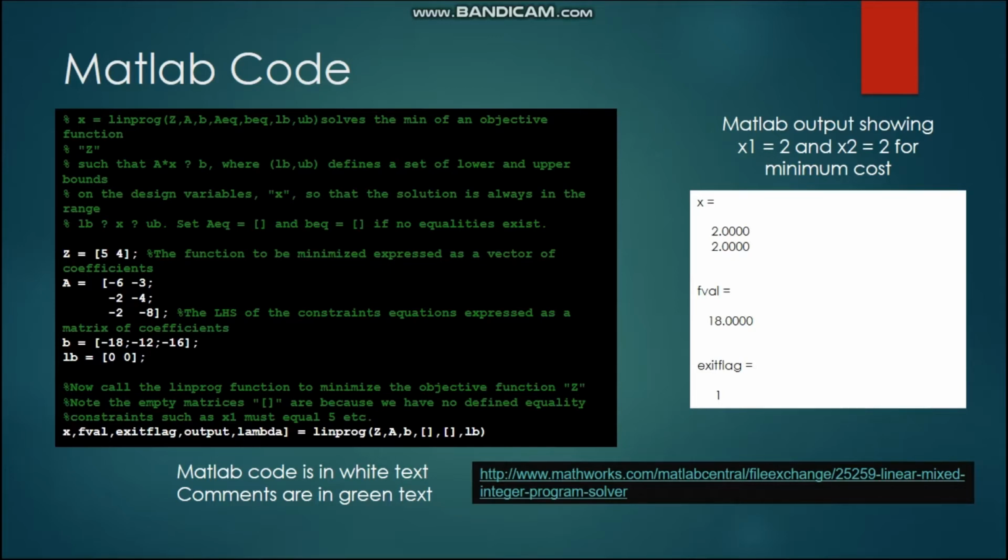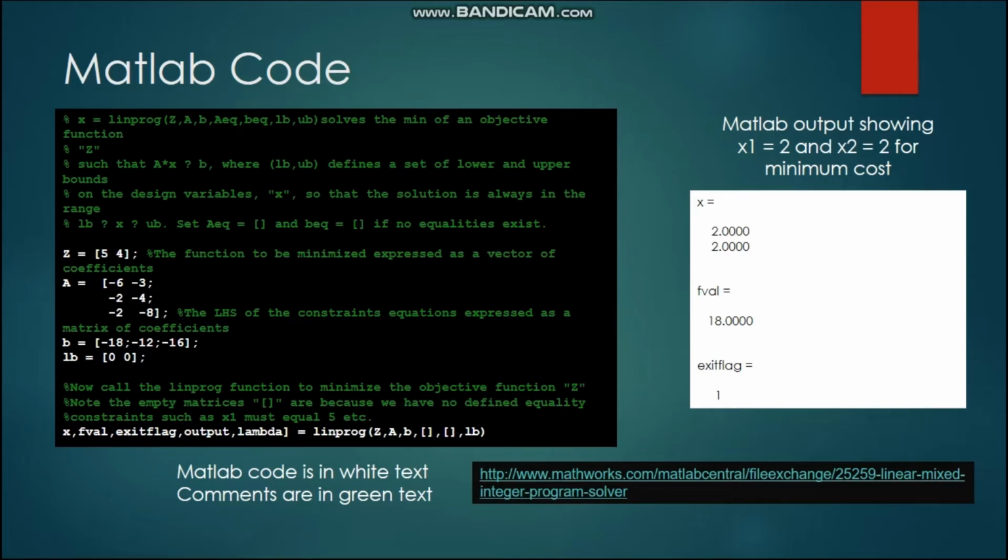So if you take an inequality and you multiply it by -1, you flip the sign. So a greater than or equal to inequality becomes a less than or equal to inequality. So 6x1 plus 3x2 is greater than or equal to 18. You multiply that entire thing by -1, you get minus 6x1 minus 3x2 is less than or equal to minus 18.